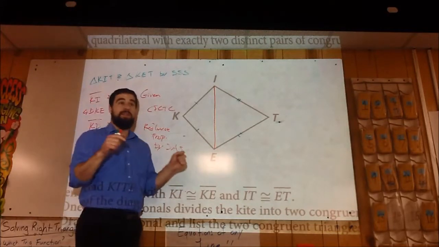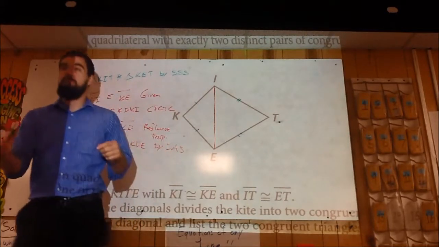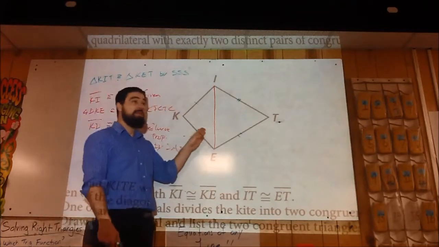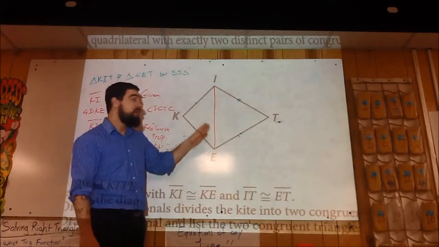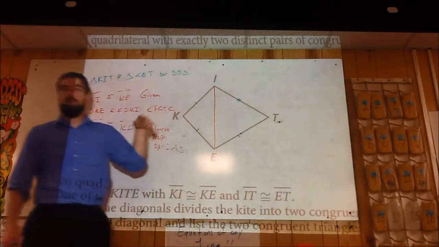So, if you want to add a little bit to that property about the diagonal that's being bisected, the diagonal that's being bisected will always form two isosceles triangles when being drawn in.